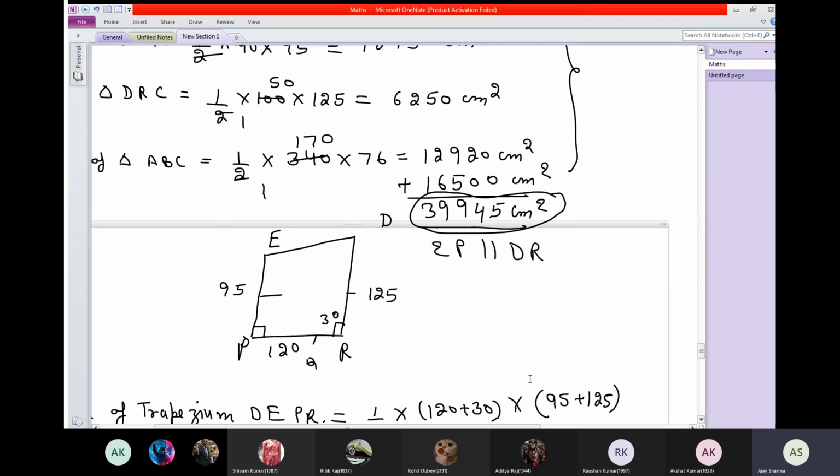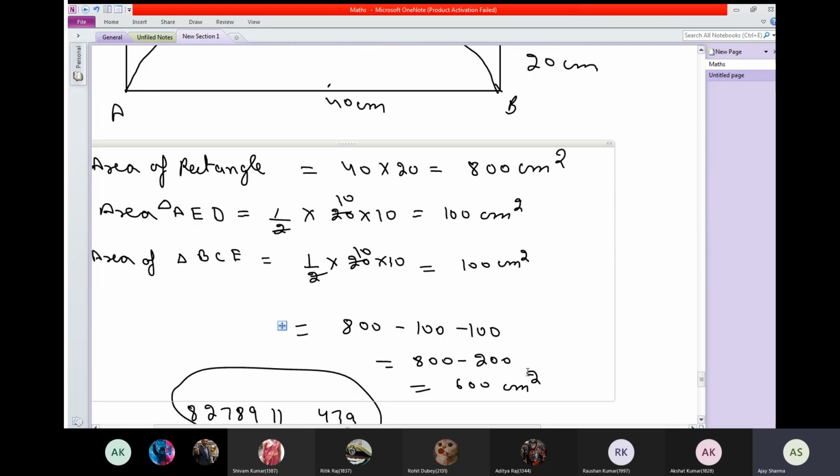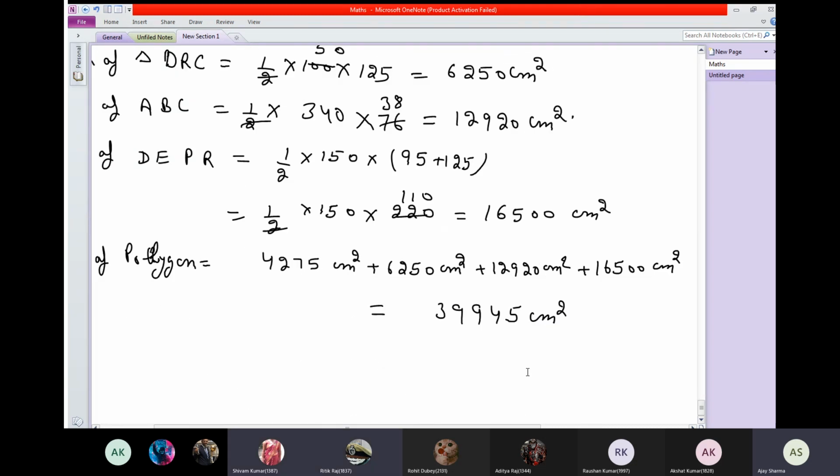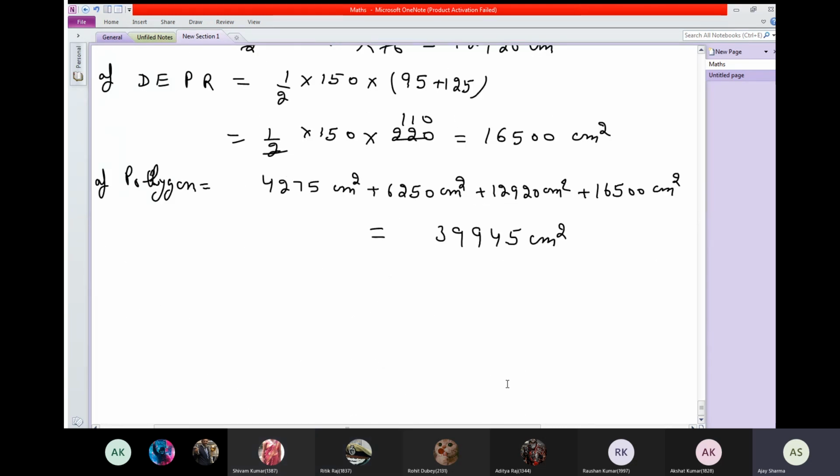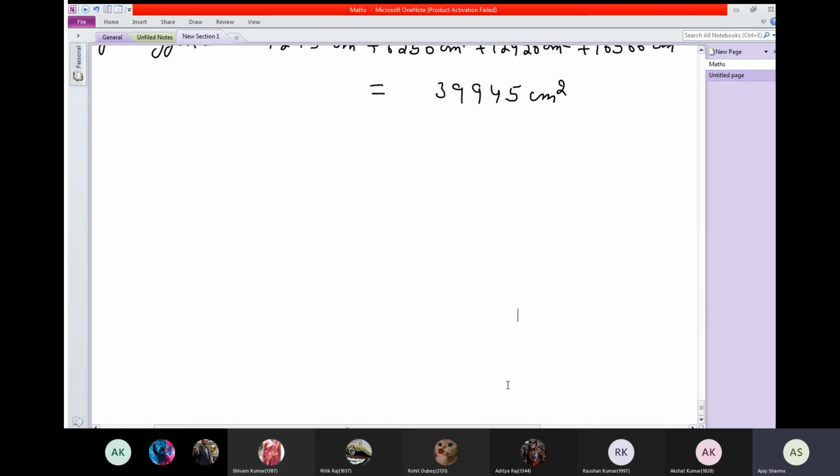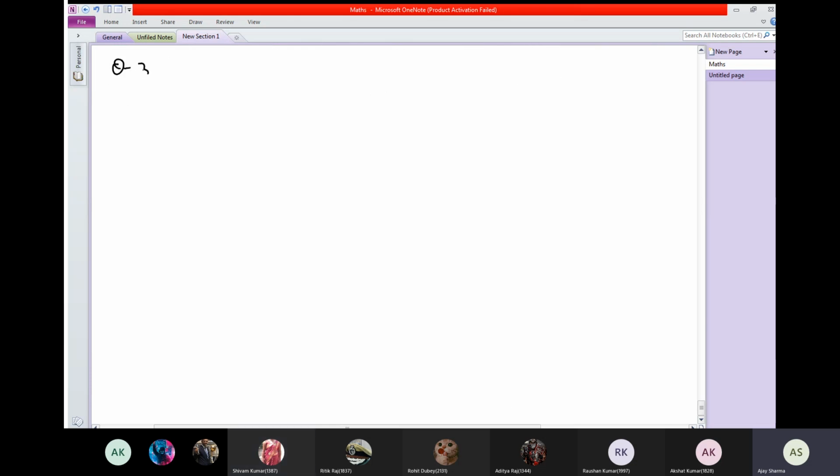What is the meaning of isosceles trapezium? Two non-parallel sides are equal in the trapezium. In question number 3, in an isosceles trapezium, two non-parallel sides are equal.